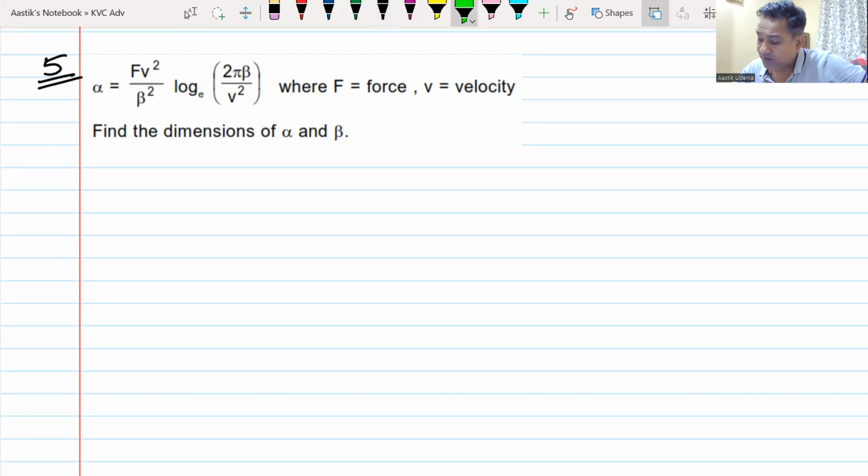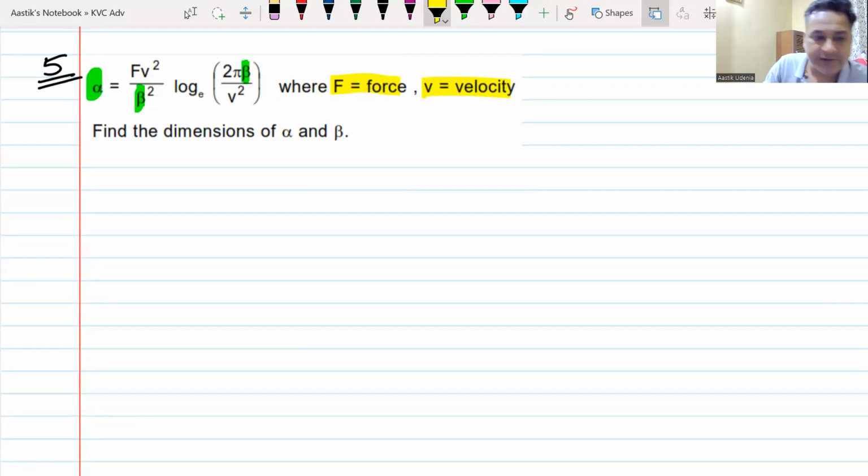Unknown quantities are alpha and beta. The known quantities are F, which is force, and V, which is velocity. Can you tell me the dimensions of alpha and beta, my dear friends? I'll give you a minute.